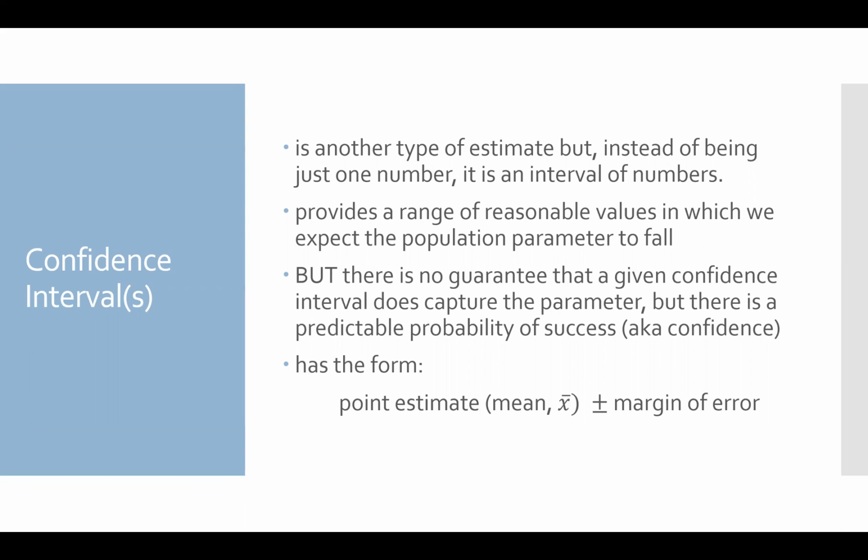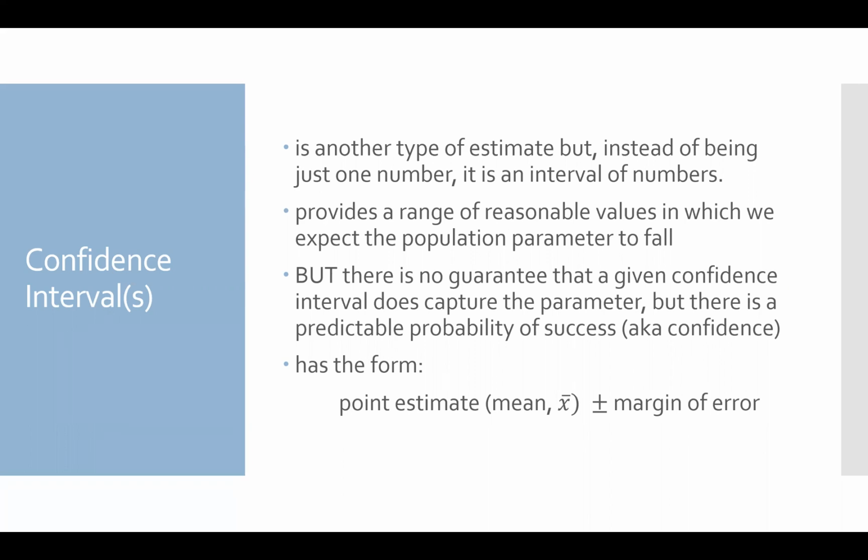So again, the confidence interval gives us that range of reasonable values in which we expect our population mean to fall or be. But there's still no guarantee that for that given interval the mean actually falls into it.